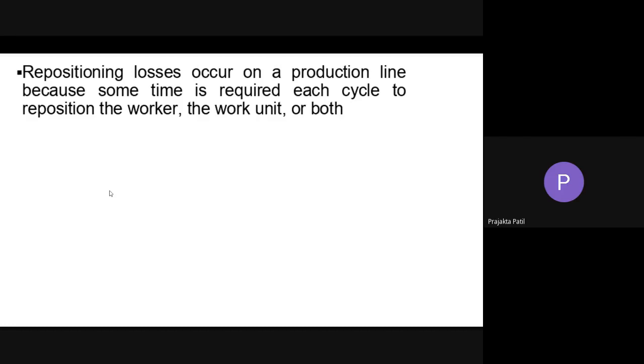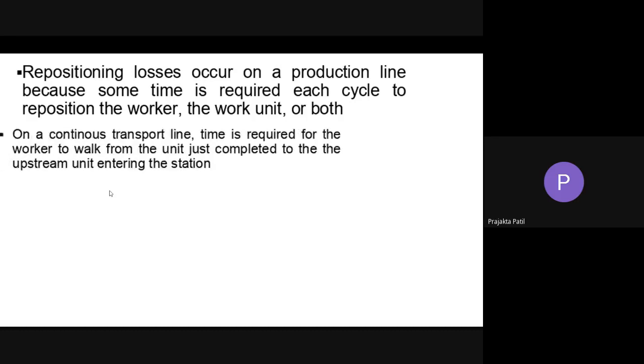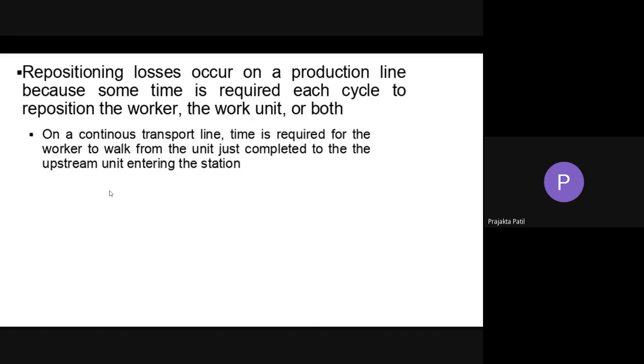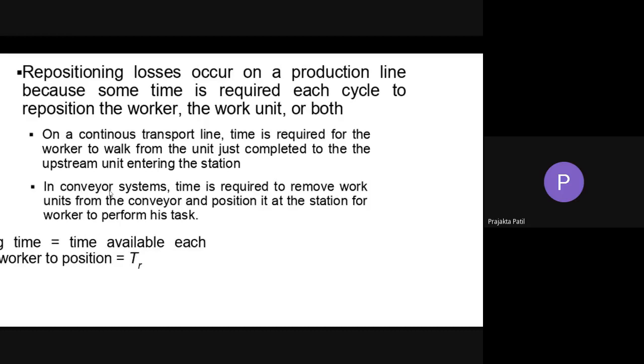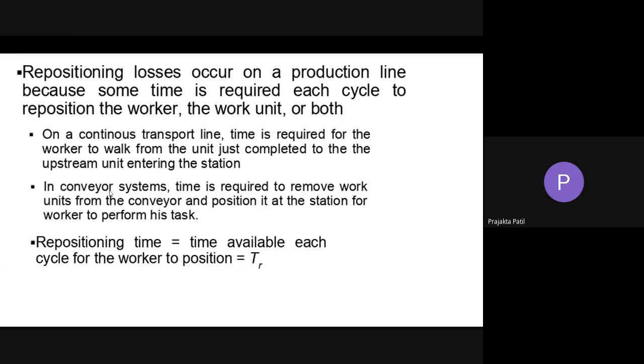So in all manual assembly lines, some time will be lost in all this repositioning. Let us define the repositioning time as TR. We have already come across this. Repositioning time, that is the time available each cycle for the worker to position, is given by TR.